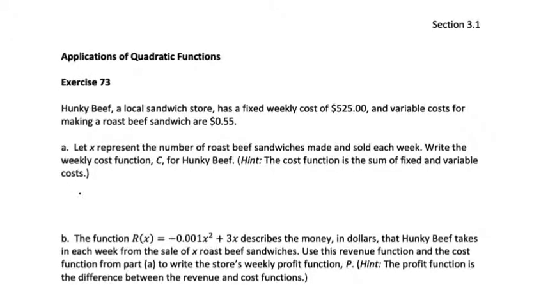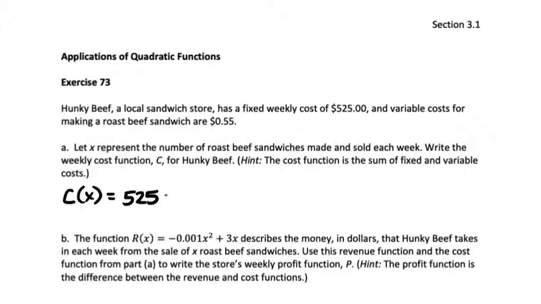And the cost function is the sum of fixed and variable costs. That's a hint. And we did this before. When you're writing the cost function, it's going to be two parts that are added together. We have the fixed cost of $525. And that's just $525 a week. Doesn't matter how many sandwiches we make or sell, those are fixed costs.